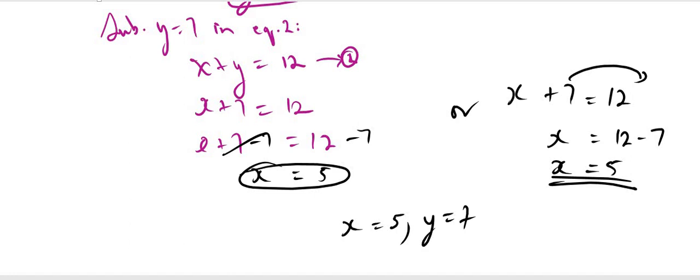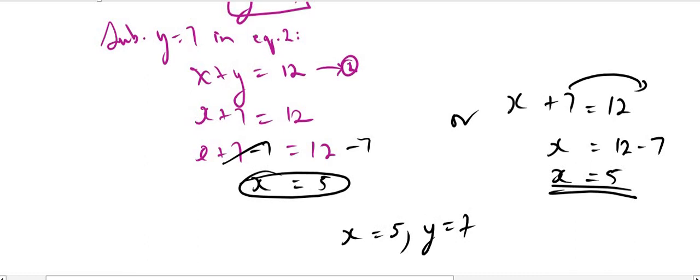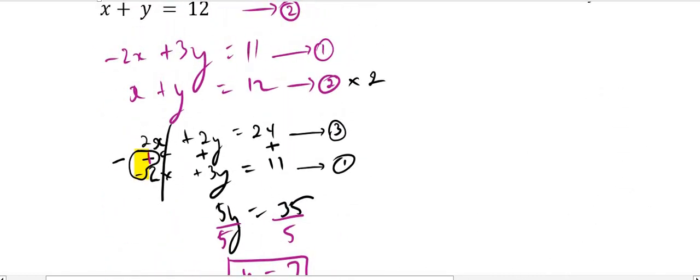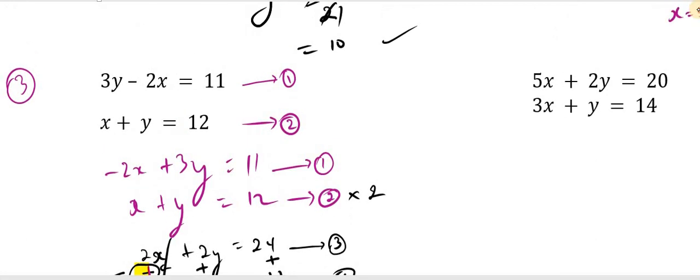Let's check our answers. x equals 5, y equals 7. Let's check. All right, because we used the last equation, equation 2, to get our final answer, let's do the testing in equation 1. We substituted in equation 2, so let's use equation 1 to test.